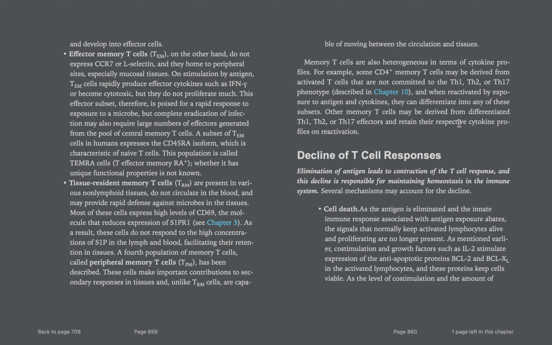Other memory T cells may be derived from differentiating T helper 1, T helper 2, and T helper 17 effectors and retain their respective cytokine profiles on reactivation.